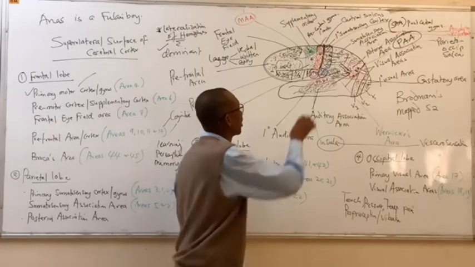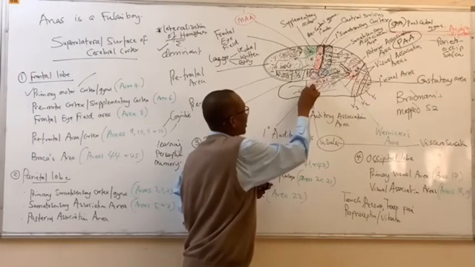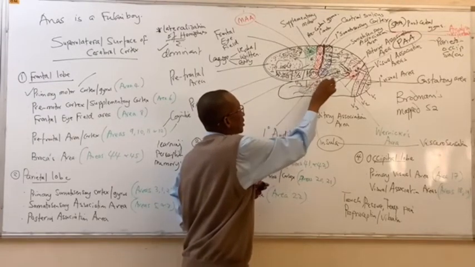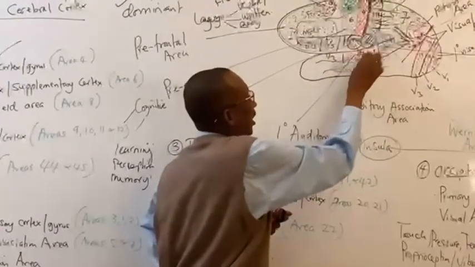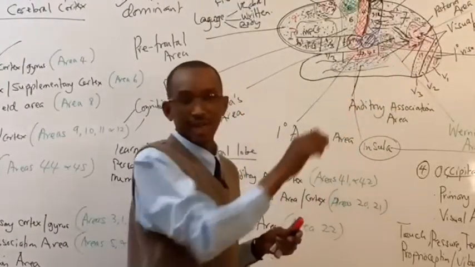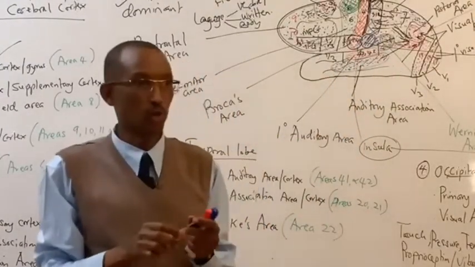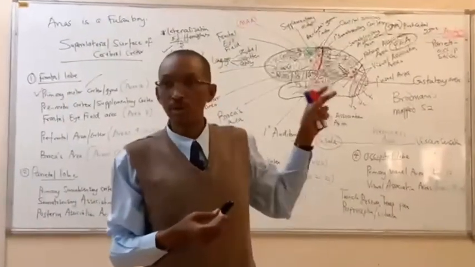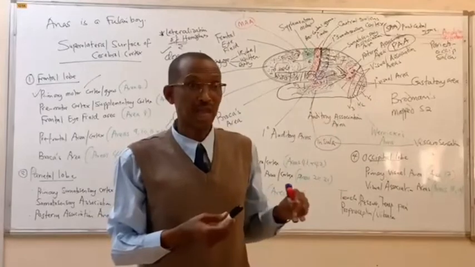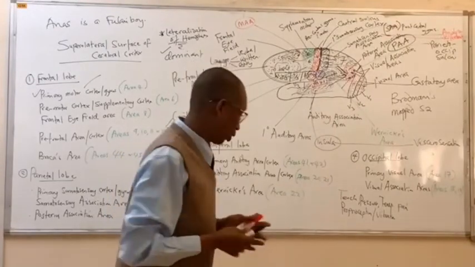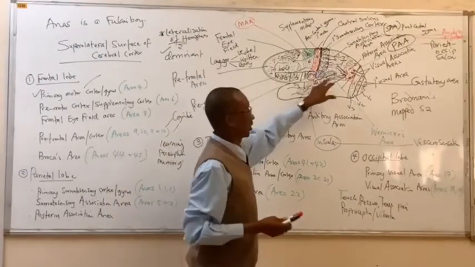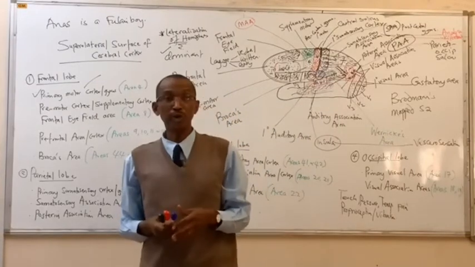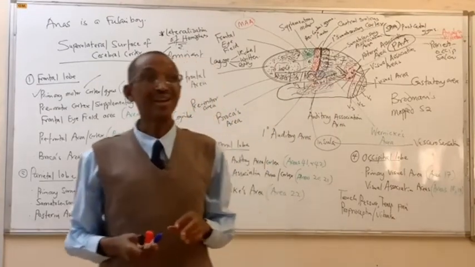If you divide the temporal lobe into three parts, anterior third, middle third, and posterior third, Wernicke's area is located in the posterior third of the superior temporal gyrus. Are you clear?